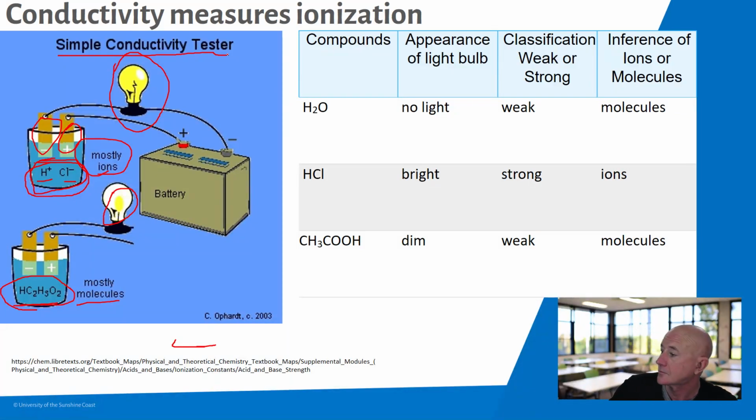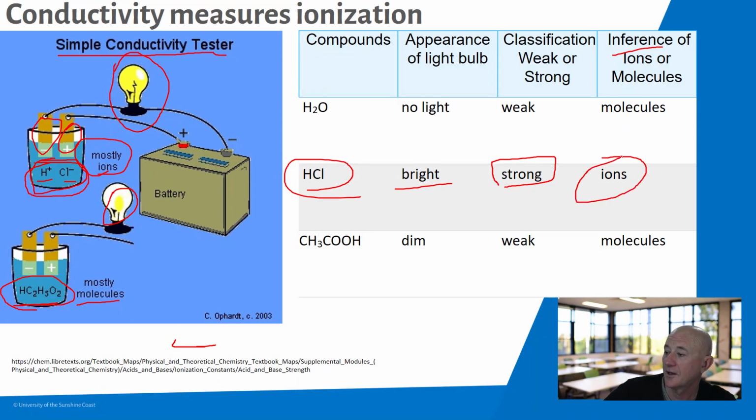So if we look over here for HCl, you can see that the light bulb is bright. You would therefore classify HCl as a strong acid, and you would infer that there is a significant proportion of the ionic species, that is H+ and Cl-, compared to the case where you've got acetic acid.